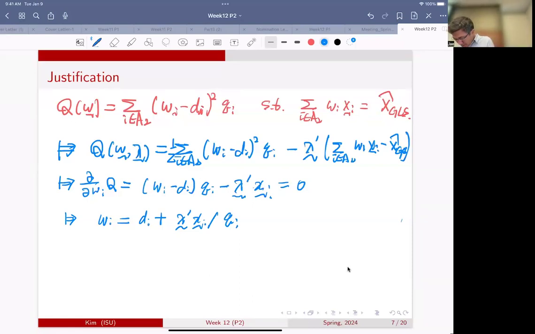And then because of the calibration constraint, that means your lambda hat should be something like GLS minus X hat, times the inverse of the sum of Xi Xi transpose QI, with summation over A2.